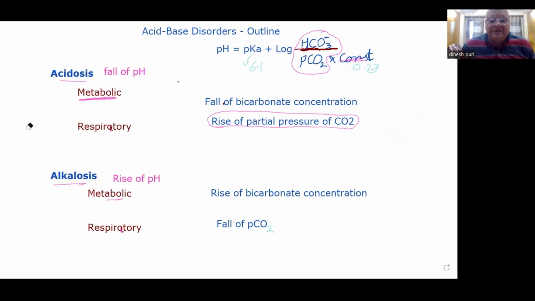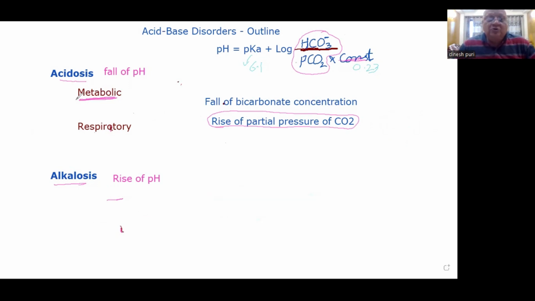Metabolic means rise in the bicarbonate concentration, and fall in PCO2, that is respiratory. The most common of all these defects is metabolic acidosis.